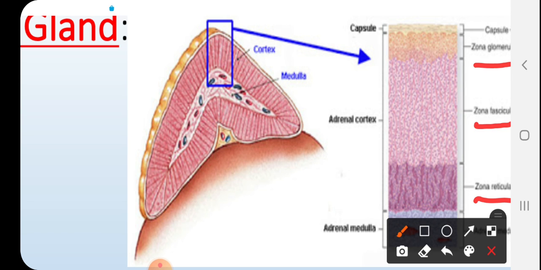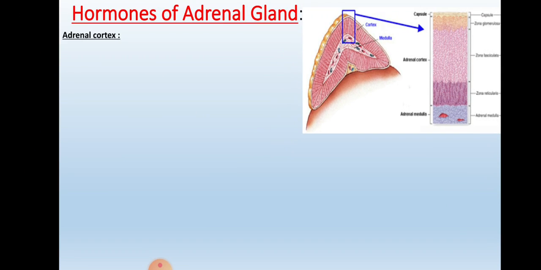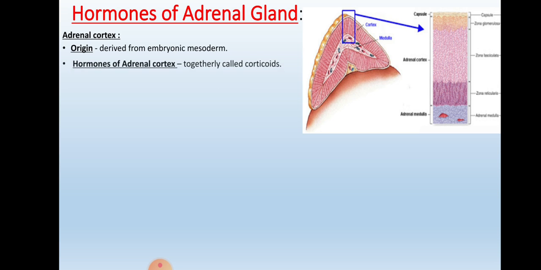These are the layers of the adrenal cortex. The adrenal cortex is derived from embryonic mesoderm. The hormones of the adrenal cortex are together called corticoids.